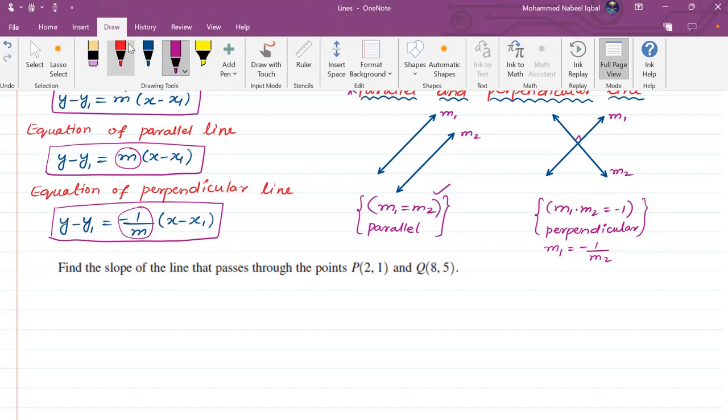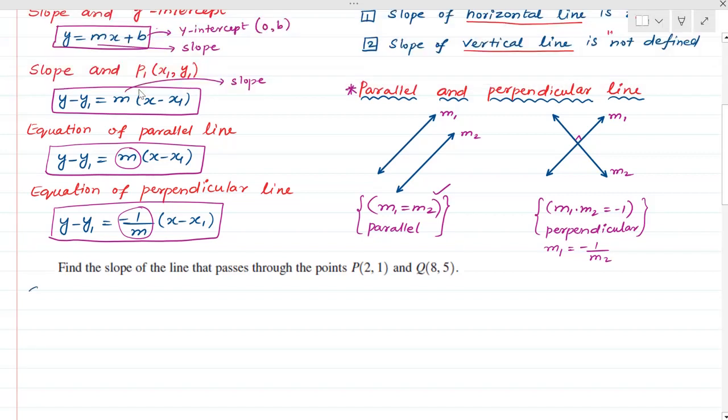Now the first question asks us to find the slope of a line, given 2 points. What is this? x1, y1, x2, y2. So I will take the formula. What is the formula here? Change in y over change in x.